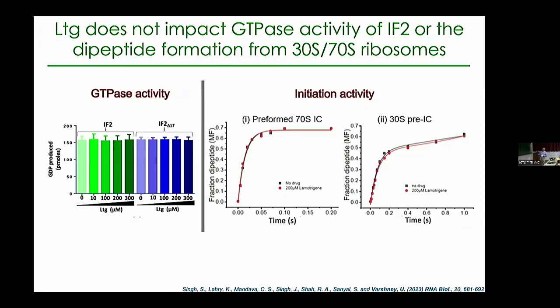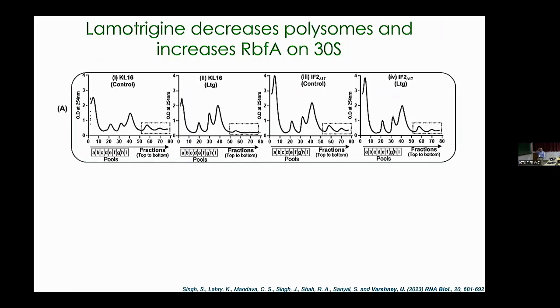You can also look at the initiation activity, whether you initiate with the 70S initiation complex or the 30S pre-initiation complex, and neither of them is affected. So it doesn't affect initiation, and it doesn't affect GTPase activity. So what does it actually do? What Sudhir did, this is work carried out by Sudhir only, is he did the polysome or ribosome profiles here.